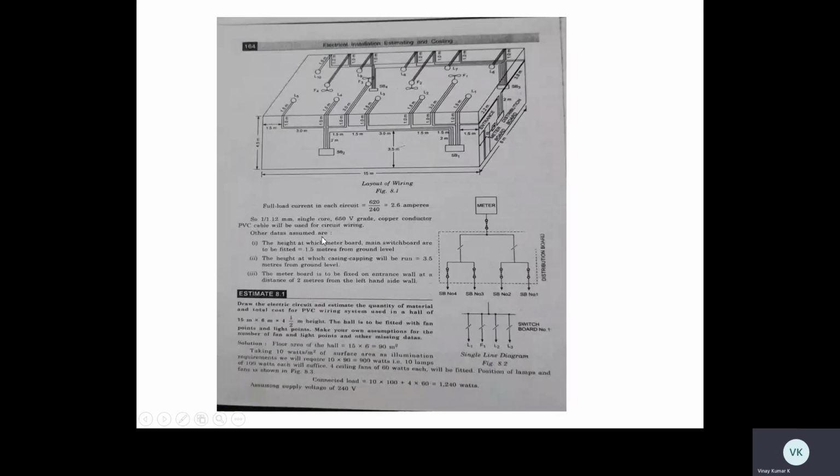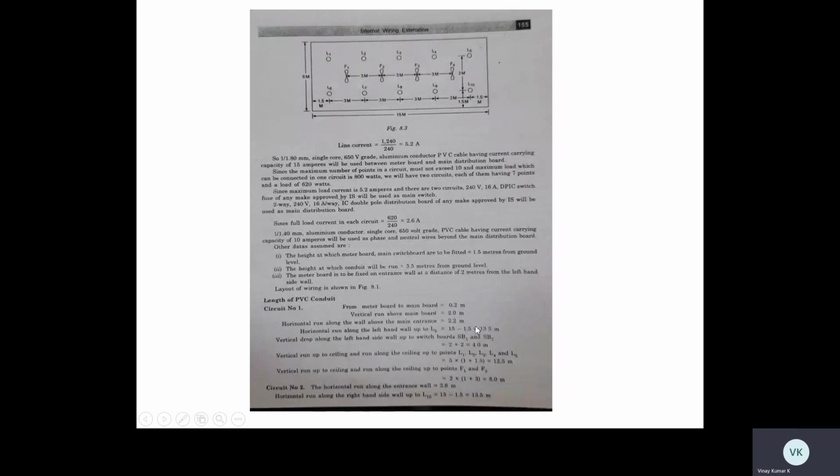So the total length is 15 meter. We have to subtract this 1.5 meter because the length of the cable is from here to here. For that purpose, 15 minus 1.5 is 13.5. So 13.5 meter from the distribution board to lamp 5.